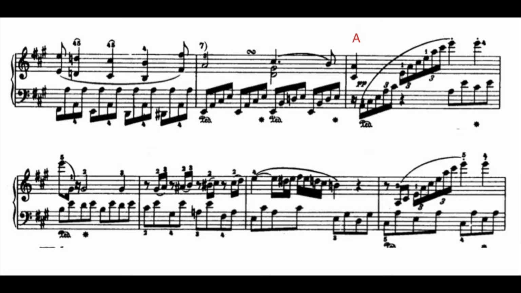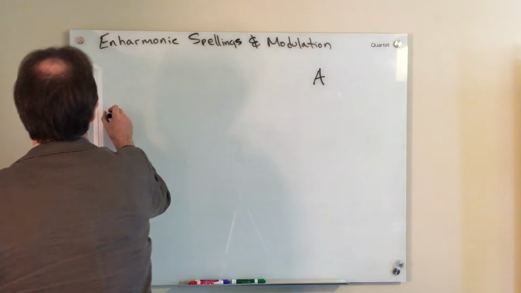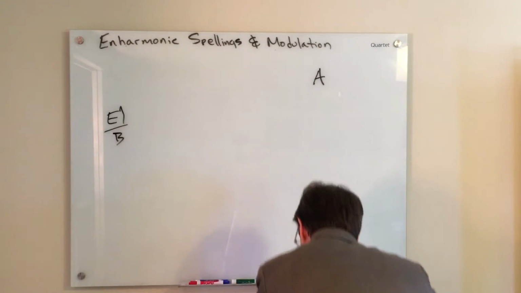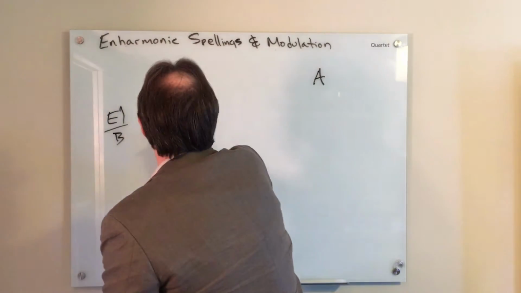And we continue with that on the next system. So that looks like an E7 with B in the bass here. So I'm going to put that E7 with B in the bass for that measure.